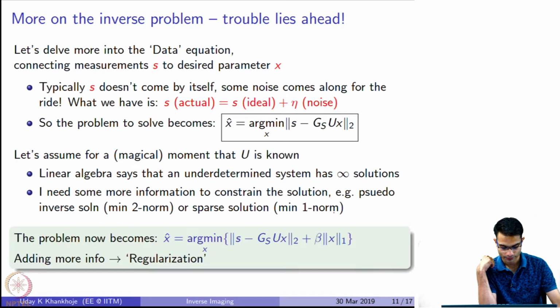We'll talk about that. Just assume for a second that I want a minimum 1 norm. In the next slides, I'll tell you why 1 norm is a good idea.